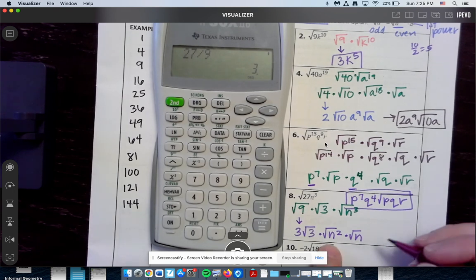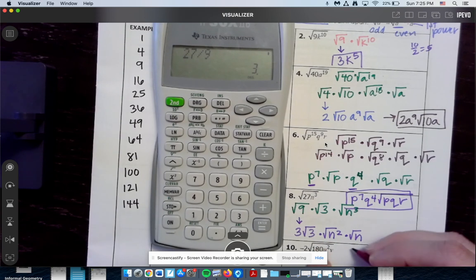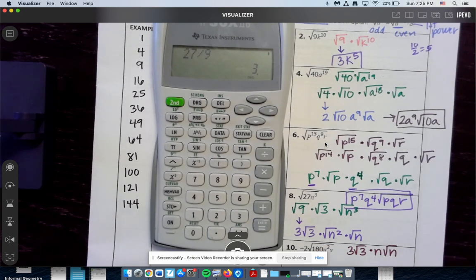Then from here, we can break out this n squared, because what's 2 divided by 2? 1, right? So I have 3 root 3 times our n, root n. Then to finish it up, put the guys on the outside together, so 3n, and our guys on the inside together, root 3n.